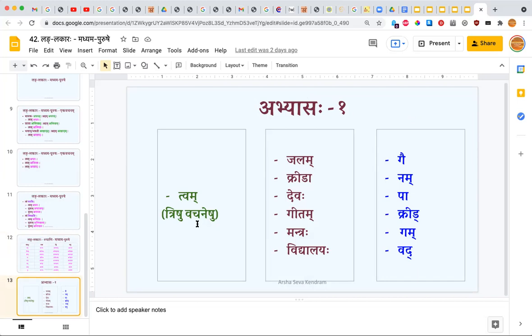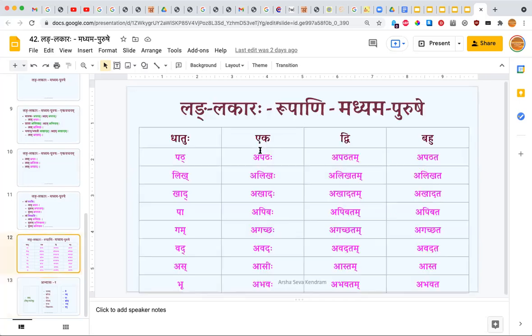Usha Mahoday, please do the second. Tvam akridata, kridati. Lang Lakara. Akridaha. Apathaha, apathatam, apathata.